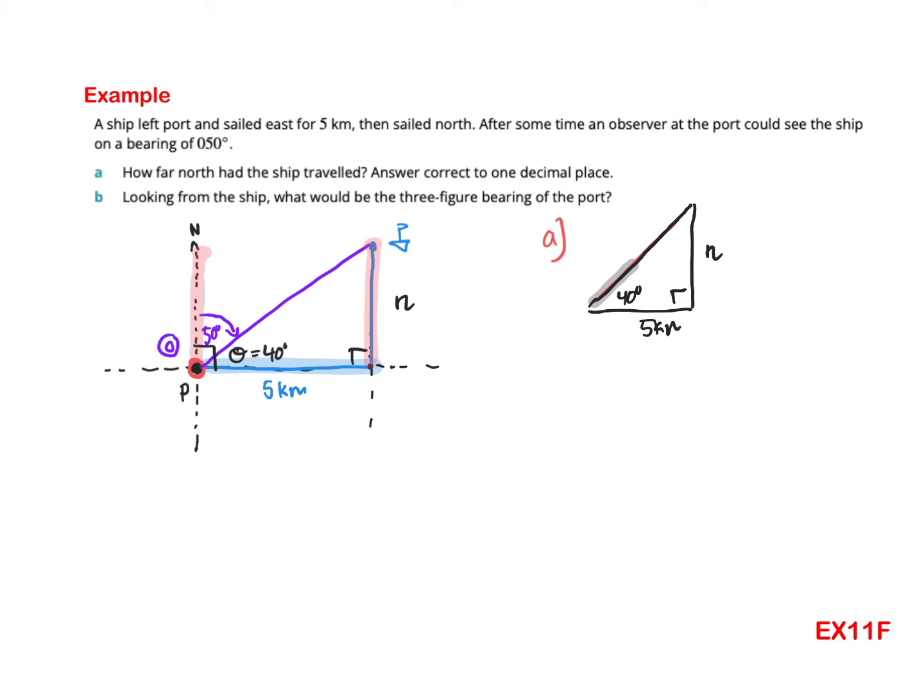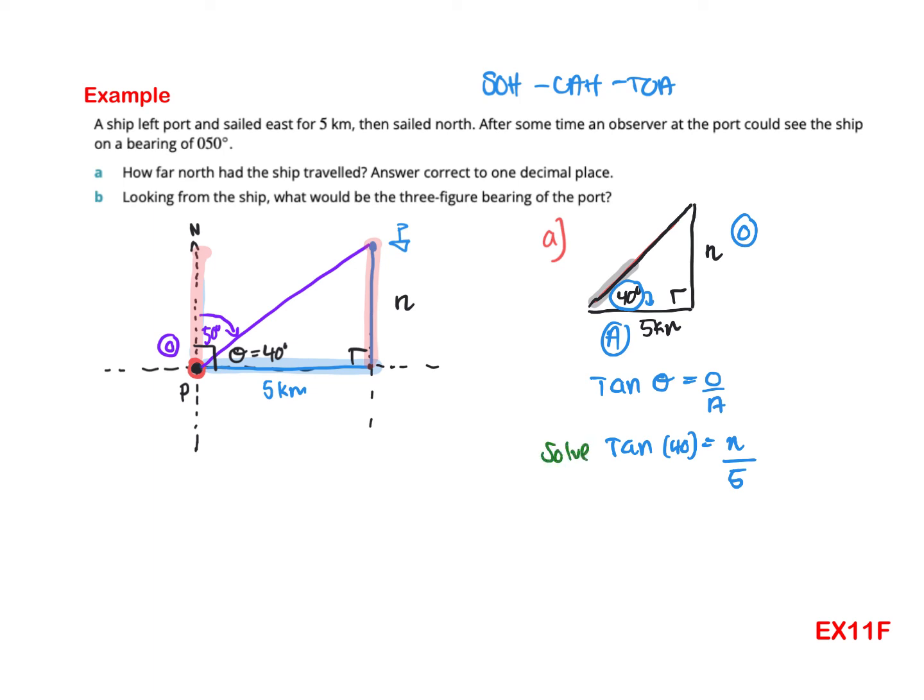So now I've got a triangle. Let's work it out. What side is that N in terms of this triangle here? It's opposite, good. And what side is this one? Adjacent, good. So at the top of my page, to help me out, I put the SOHCAHTOA. And what formula has O and A? Tan, good. So I'm going to write tan theta equals O over A. Then I'm going to write tan 40 equals, I've called it N, over 5.